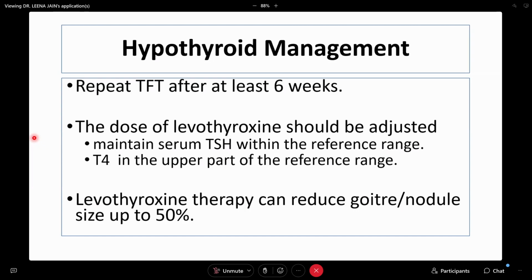Nowadays there is a thyroid imaging system, and a separate FNAC grading system, which say you don't need to operate even if the nodules are less than 4 centimeter. You should wait and watch. If they are not in euthyroid status, definitely start the treatment and then think of surgery. Don't go directly to surgical management.